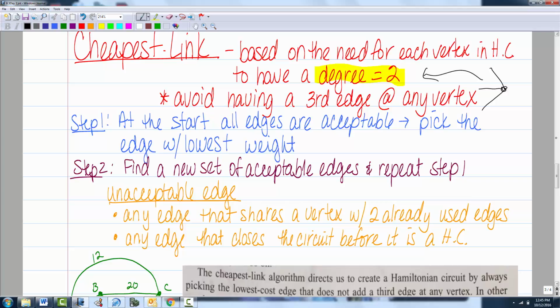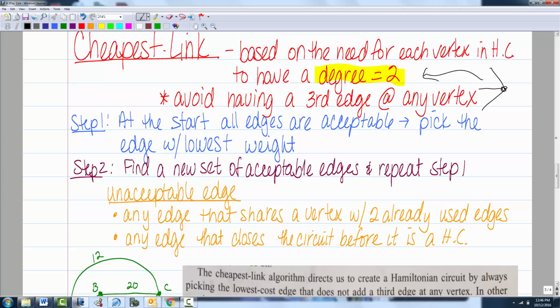Next one is do it again. Try to find the next edge that is the smallest weight without doing the orange things. Now you're not stuck with connecting. All you have to do is look around and find the smallest edge, then find another smallest edge. They don't have to be connected.